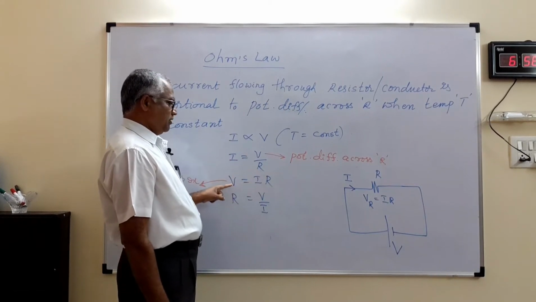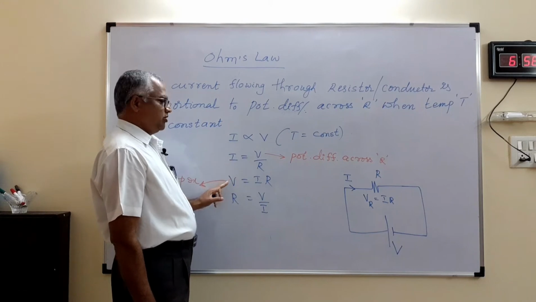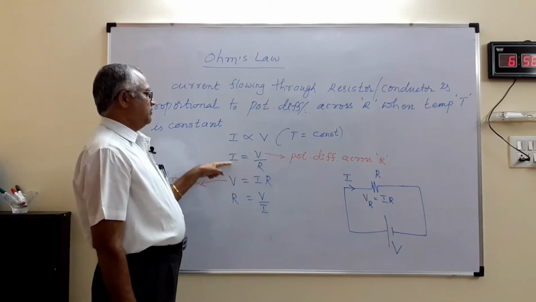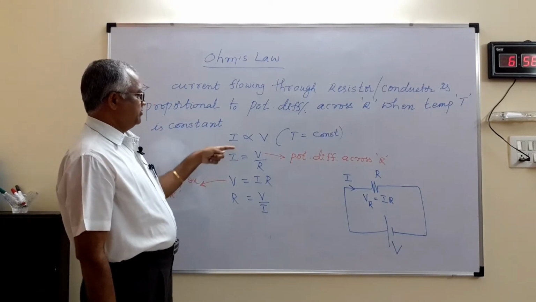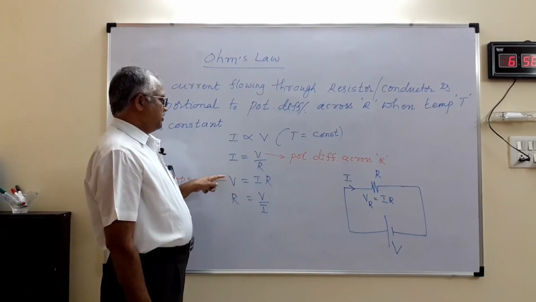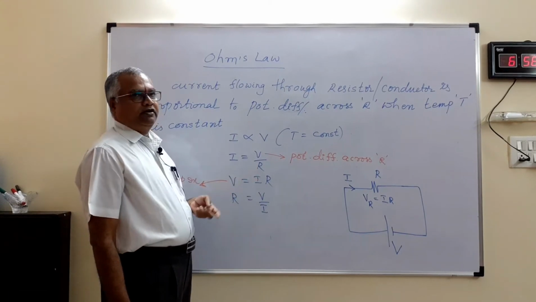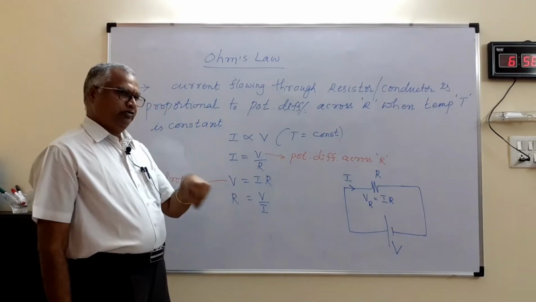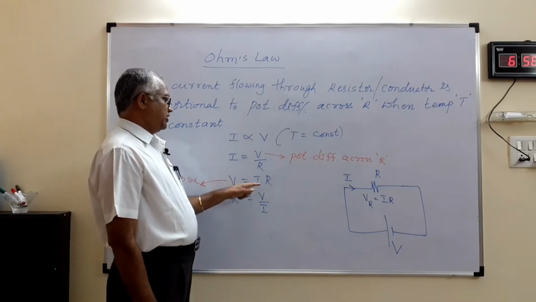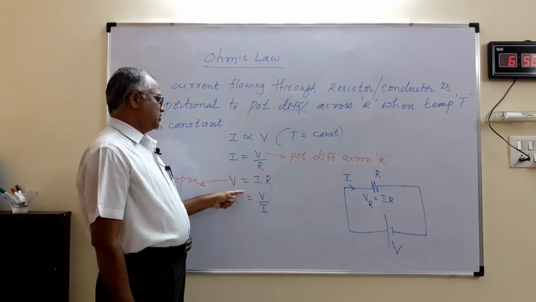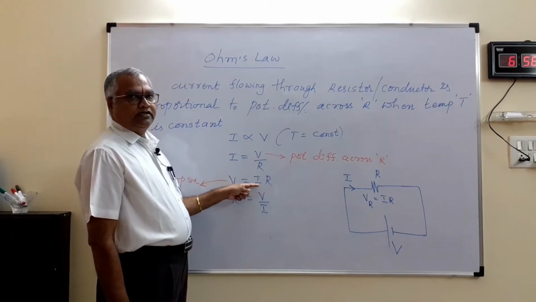The actual statement is available in this form. Our Indian friends modified this into this form, simplified it, and then state that drop depends on current flowing. But if you ask yourself why that current is coming, there is no answer. Therefore conceptually it is not clear, but mathematically simple.